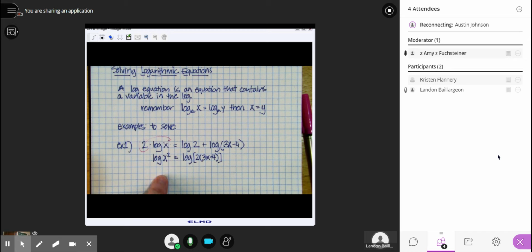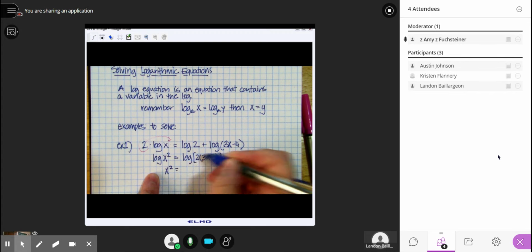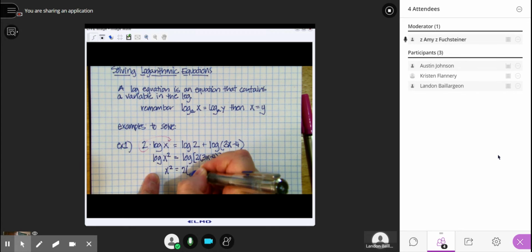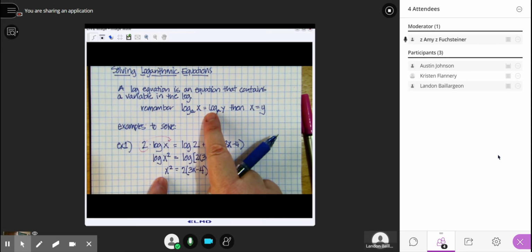Now, since this is log base 10 of x squared, and this is log base 10 of 2 times 3x minus 4, they're both log of the same base, so it has to be true that x squared is equal to 2 times 3x minus 4. This is just what we set up here.